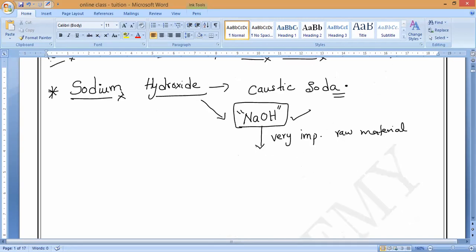That is why we can now see the production of sodium hydroxide. All of you keep adding the production of sodium hydroxide.